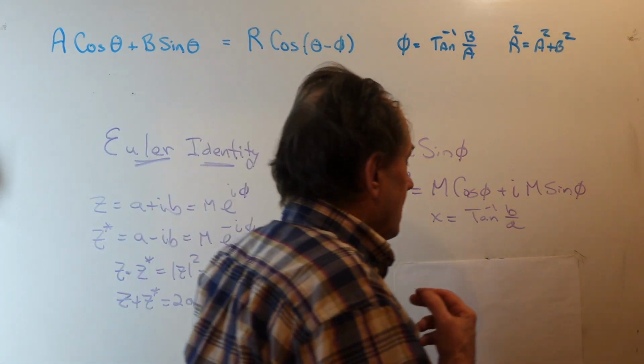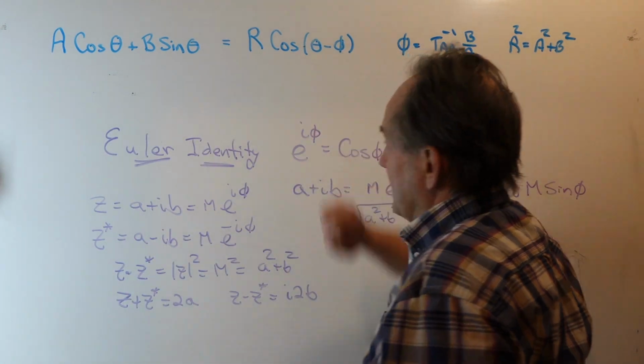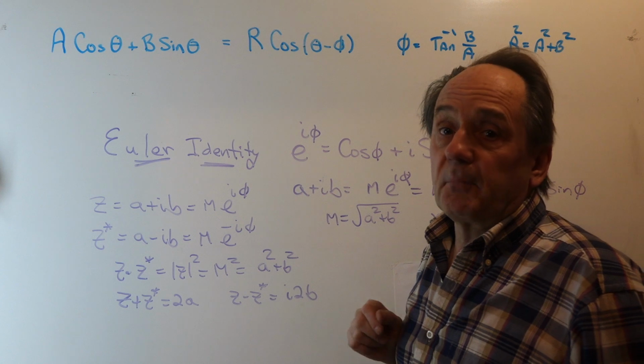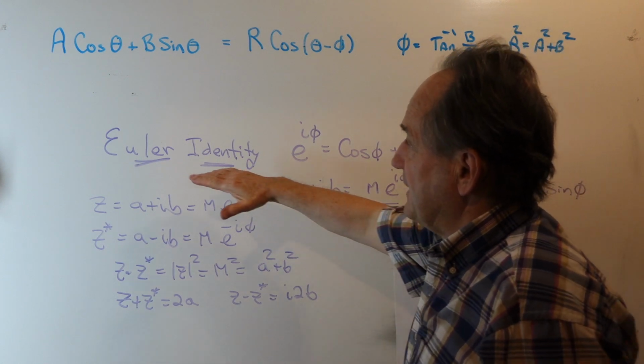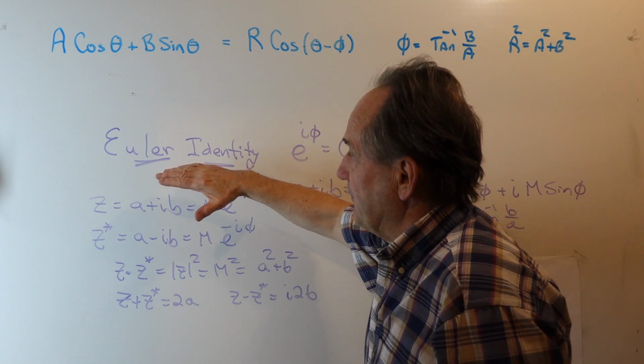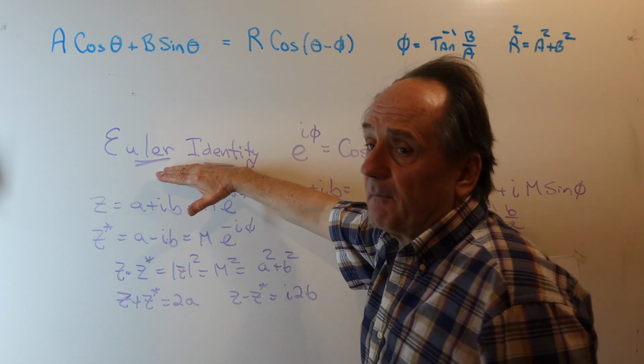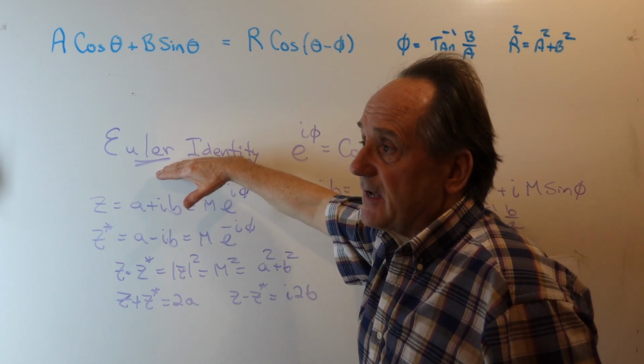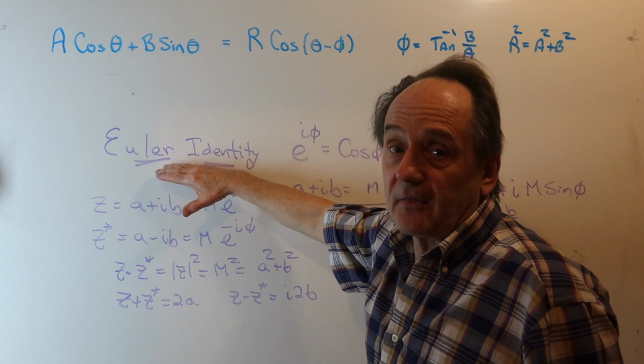Now, in proving this, we're going to be using complex variables, in particular the Euler identity, which is probably the most fundamental or the most famous and important equation in mathematics.